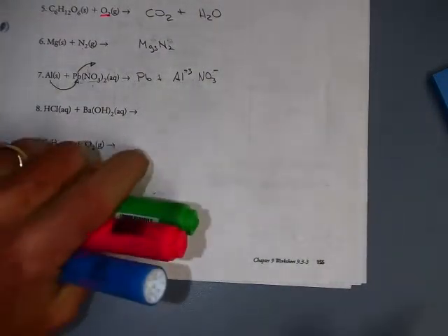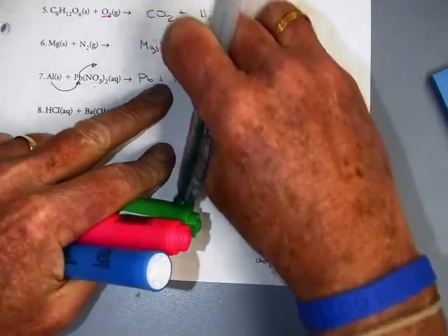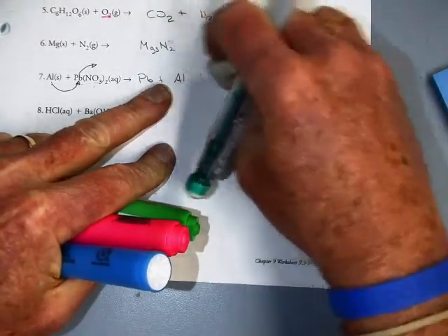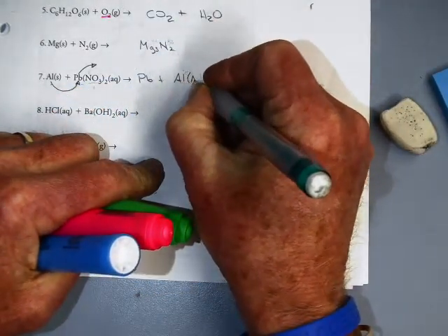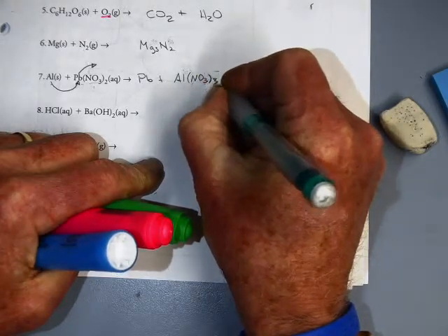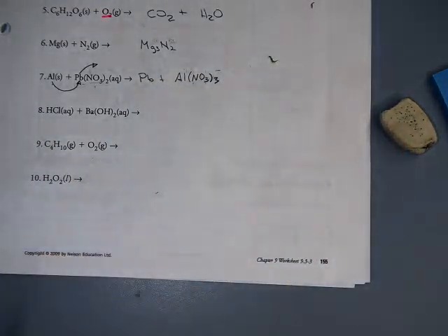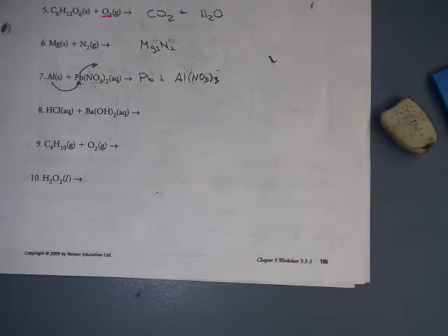So this is going to become Al(NO3)3. And so when I go to balance this, I follow my normal rules.